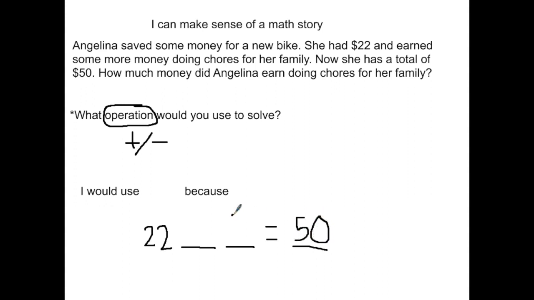And I know my unknown quantity is right here because we're trying to figure out how much she earns. How would I get to 50? From 22, how could I get to 50? Would I add or would I subtract?